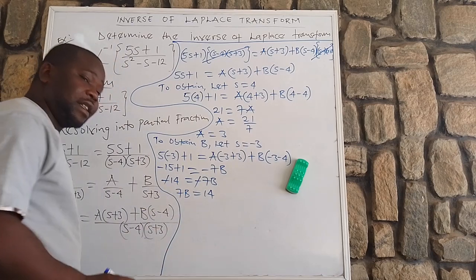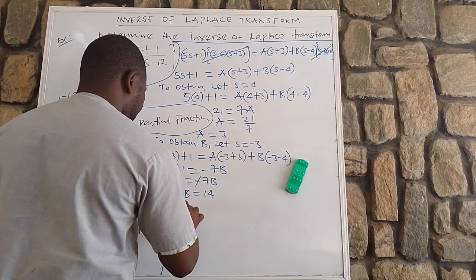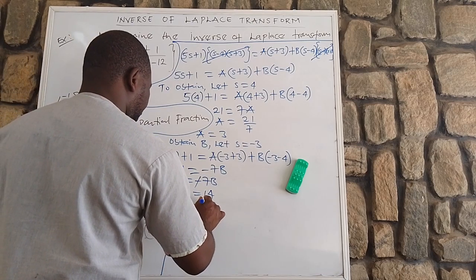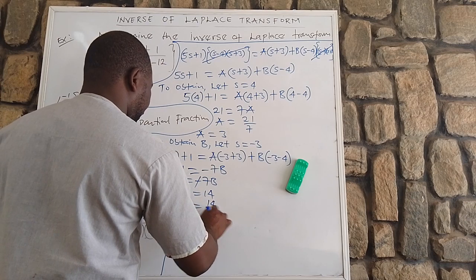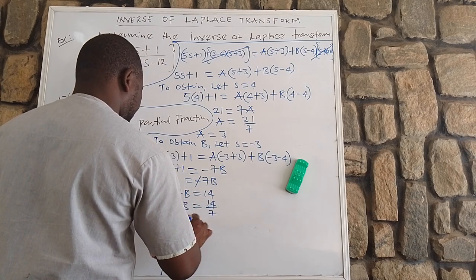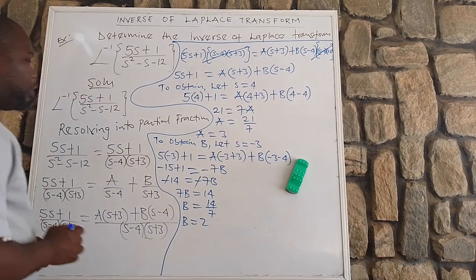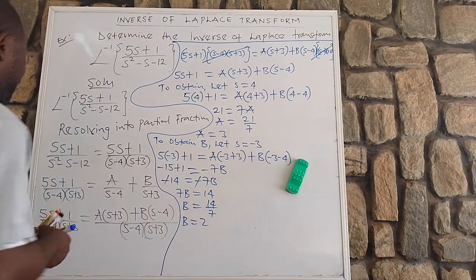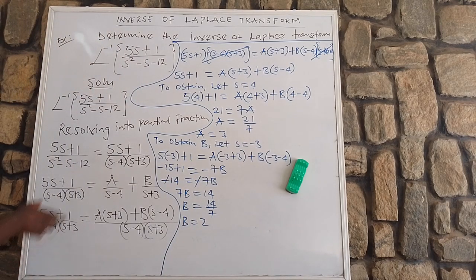Then divide through by 7. Our B will be equal to 14 over 7, so B equals 2. True or false? If you can see what I am saying, look at it here.